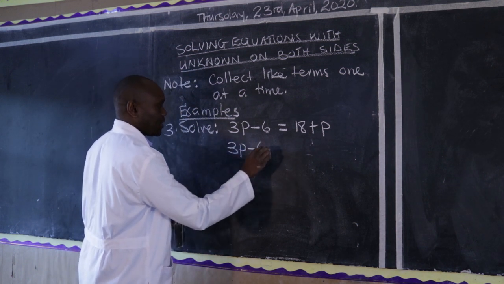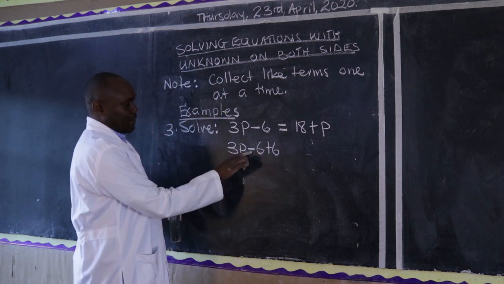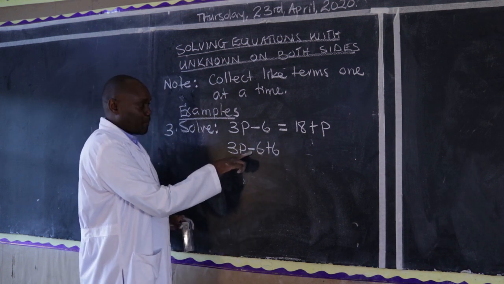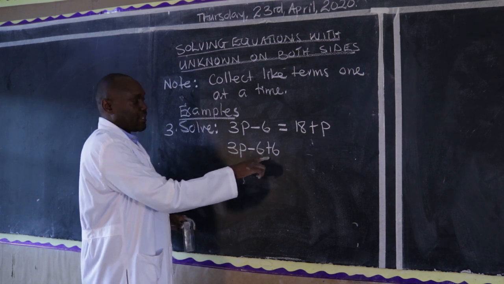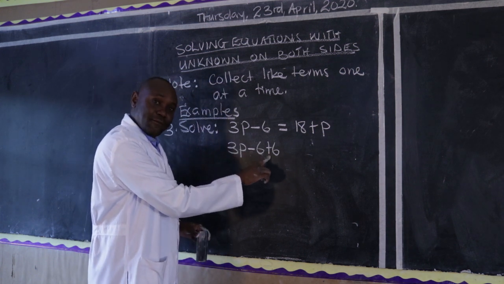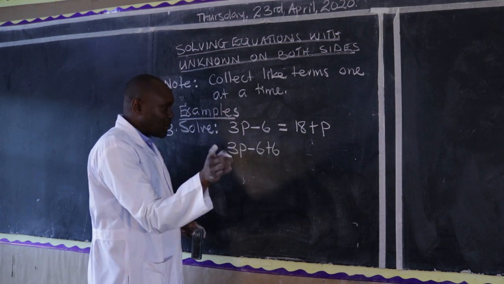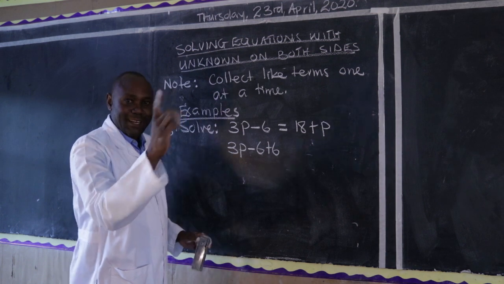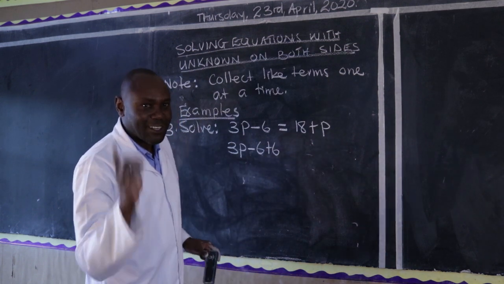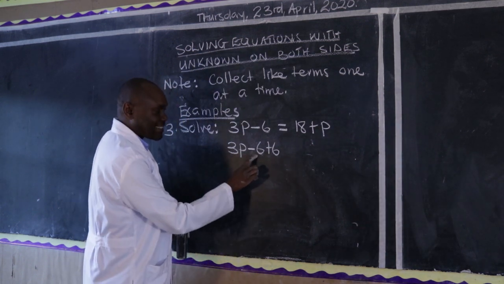3p minus 6 plus 6. Remember this one is a minus, so it is additive inverse. Is it a positive? Because I know some of you might say, example 1, we're subtracting. Example 2, we're subtracting. So even this one, let's subtract. No, mark this.